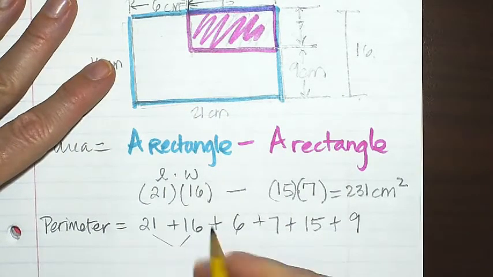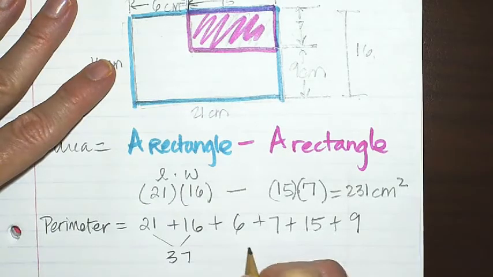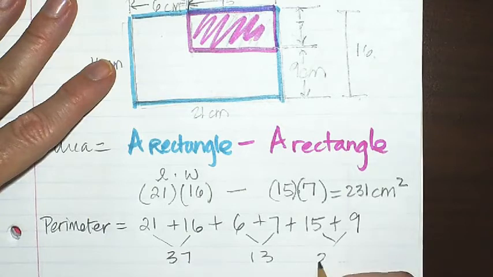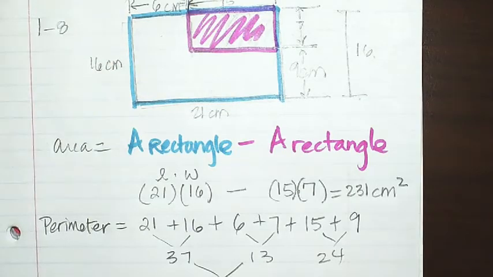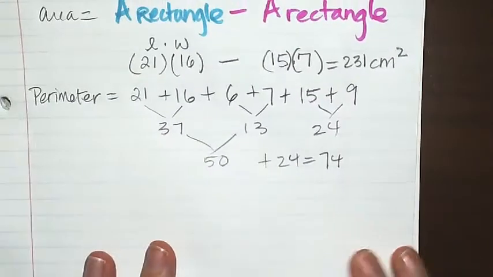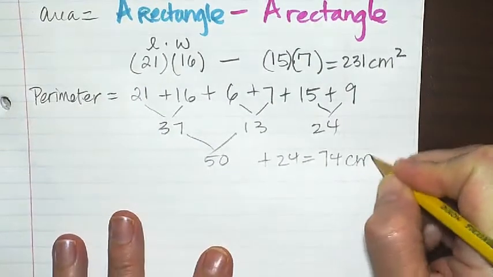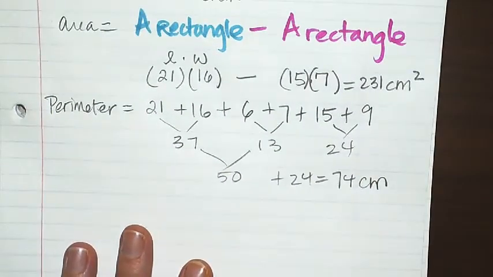That's going to be 37, that's going to be 13, that's going to be 24. 37 and 13, that's 50. And then 50 plus 24 is 74. And that's perimeter, so that's just centimeters.